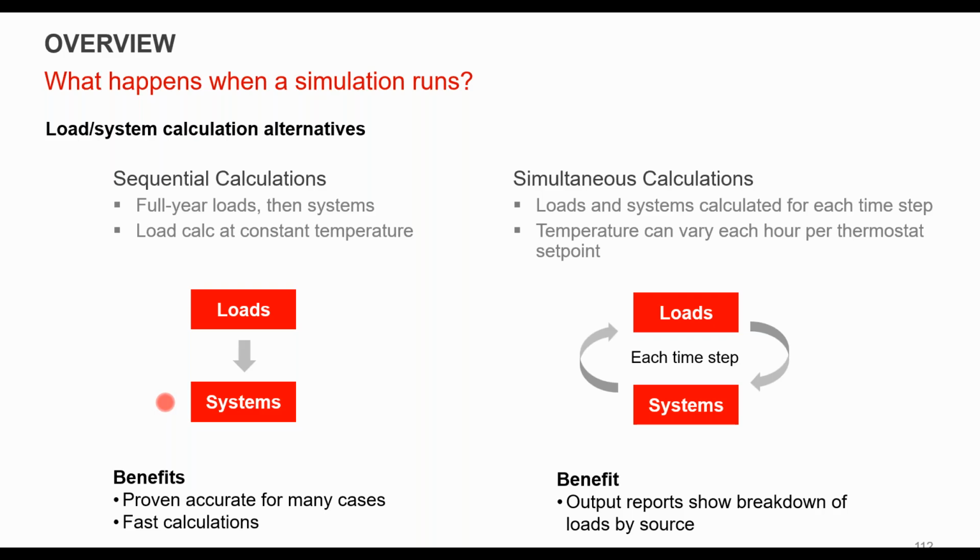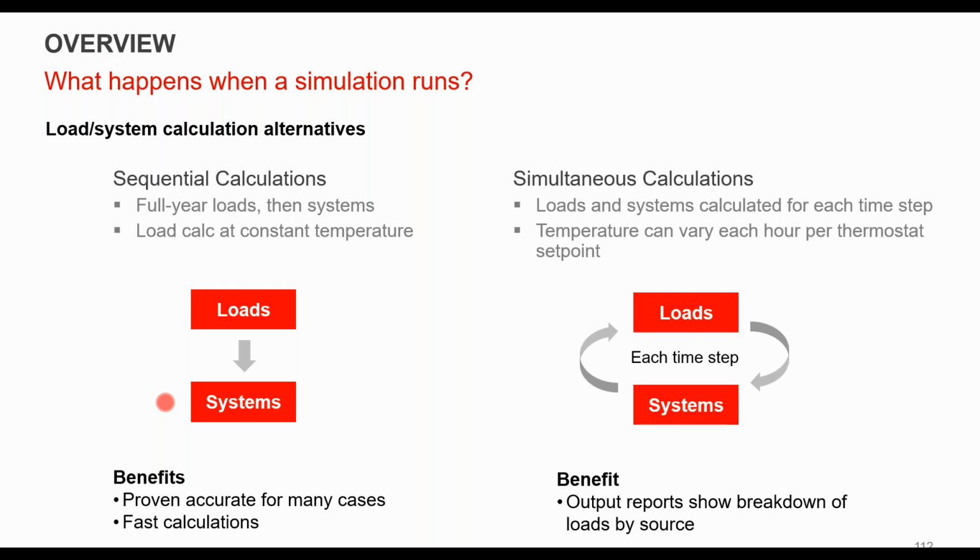The HVAC systems then run against that 8760 hour. So it's basically sequential, it runs linear, there's no feedback, right? So if a zone is getting out of set point, it's going to continue to get out of set point, but every time step is basically using a constant temperature starting point. So it's fairly fast, again, linear in that sense. There's no feedback.